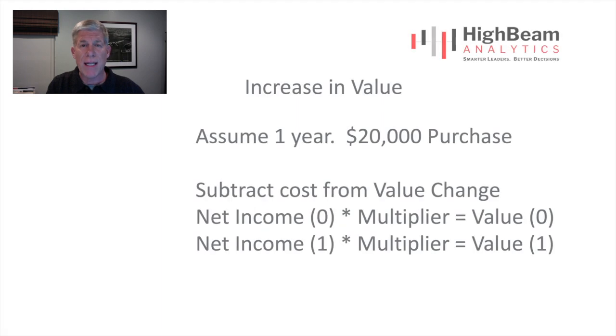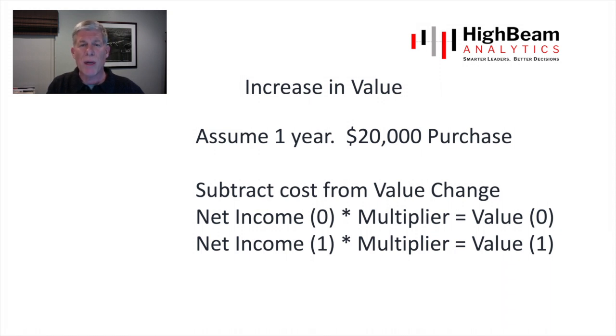Now comes the data analytics part, which is we're going to evaluate whether the investment is going to create enough valuation in the company over the course of a year to justify it. And this gets more complex. We're basically looking at what the value is in year 0, which is today, versus the value in year 1.